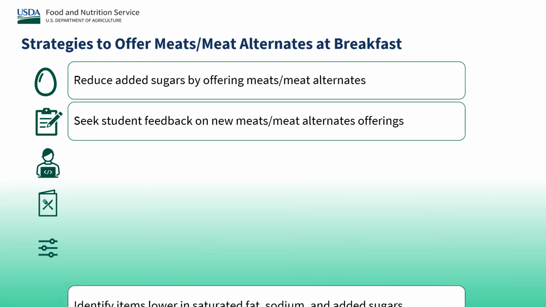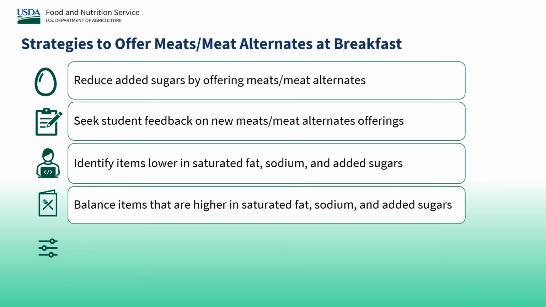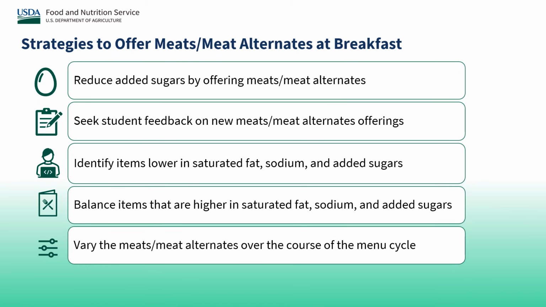Work with vendors to identify meat alternates that are lower in saturated fat, sodium, and added sugars. Plan weekly menus to balance breakfast items that may be higher in saturated fat, sodium, and added sugars with options that are lower. And vary the meat alternates over the course of the menu cycle to provide variety.